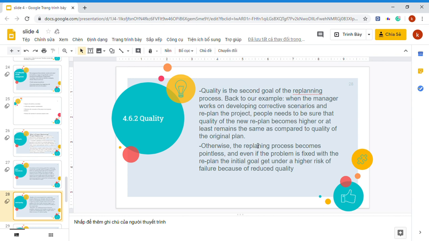Otherwise, the replan process becomes pointless, and even if the problem is fixed with the replan, the project is under a high risk of failure because of the reduced quality.